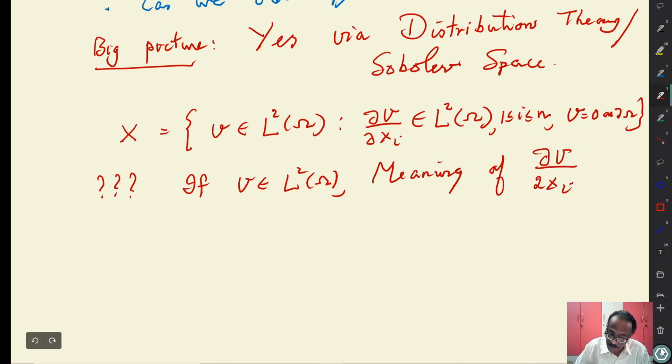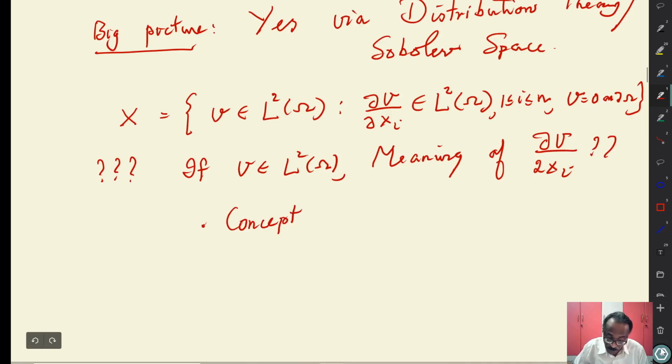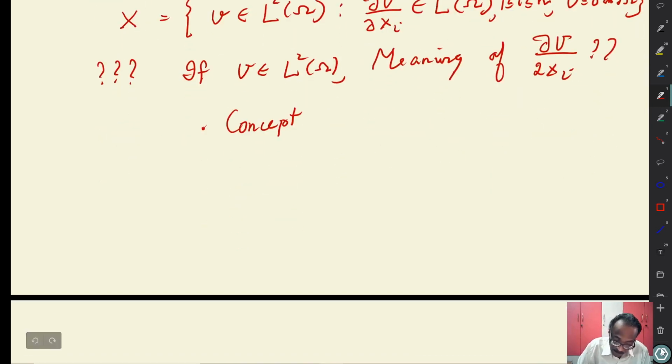We need a concept of weak derivative, which we will explain, and then using weak derivatives we define spaces like X, called Sobolev spaces.